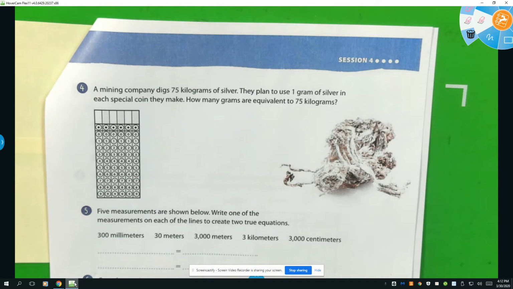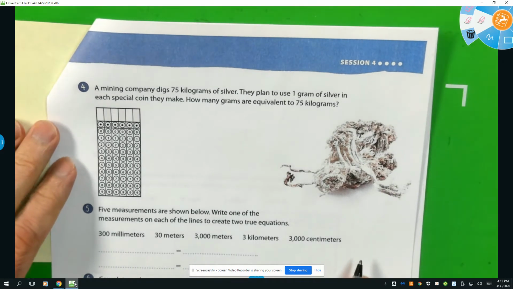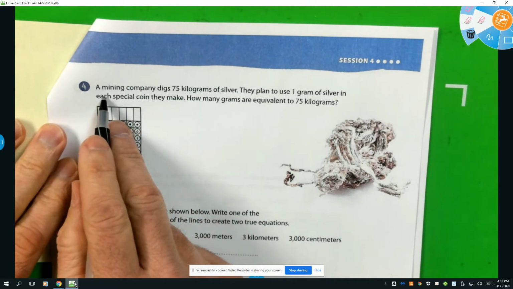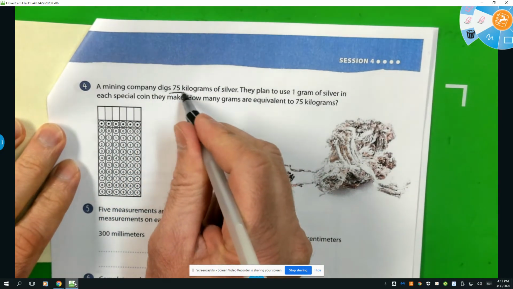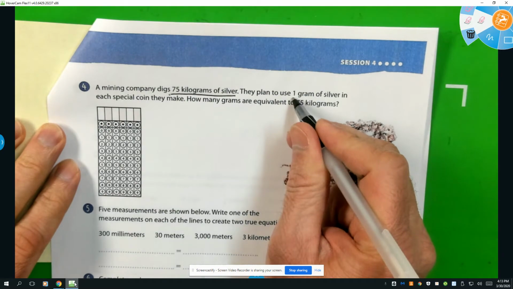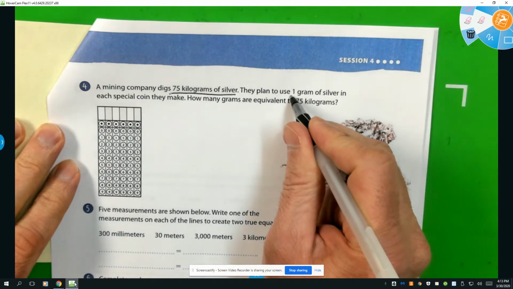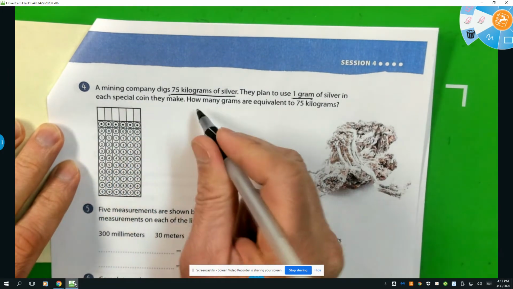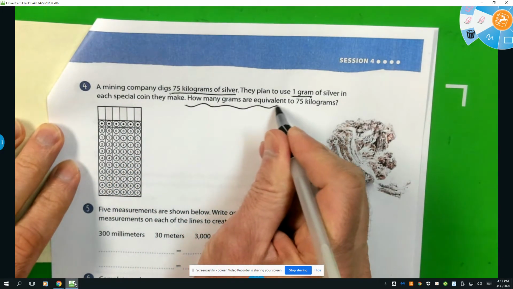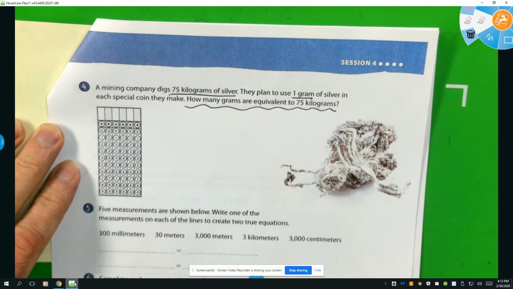All right, do the same exact thing. Let's go through on our second read. A mining company digs 75 kilograms of silver, information we need. They plan to use 1 gram of silver in each coin. How many grams are equivalent to 75 kilograms?